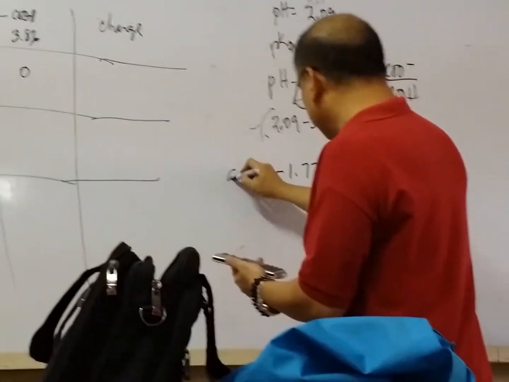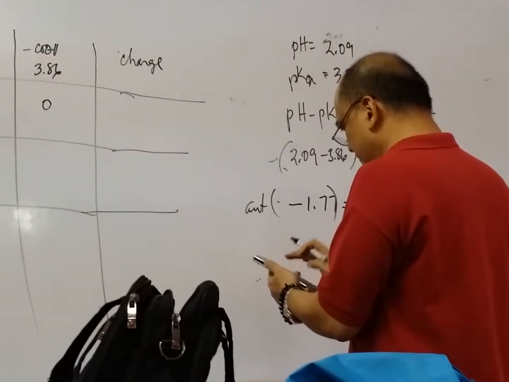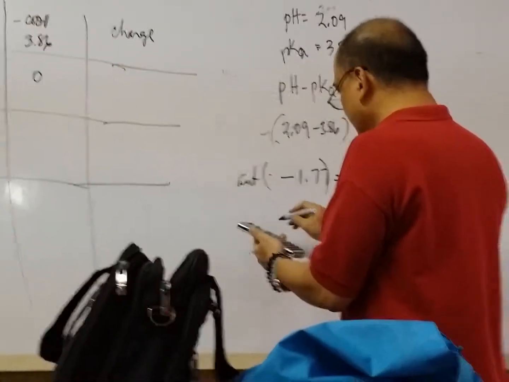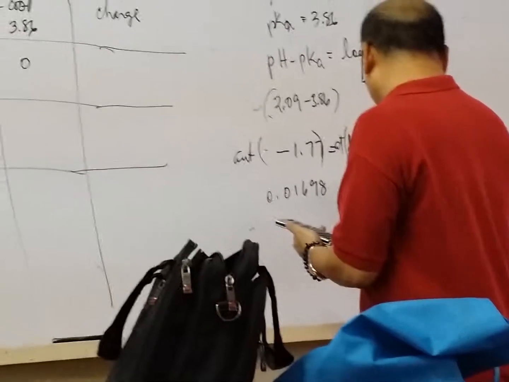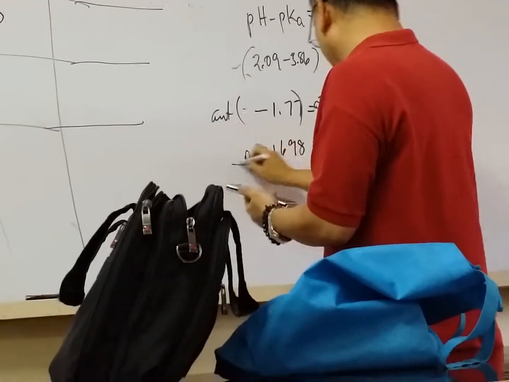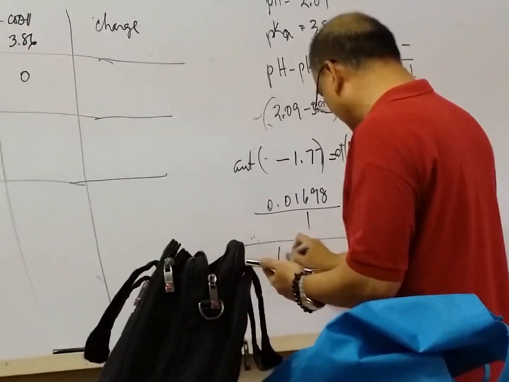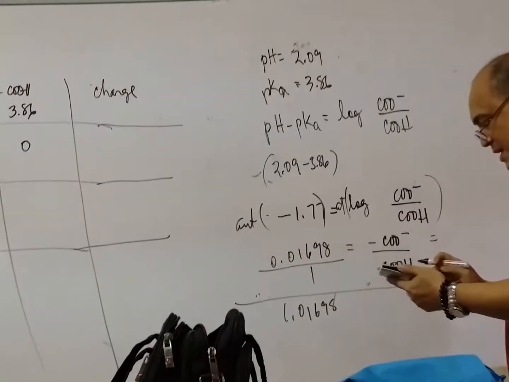Get the antilog of that, shift log, equals 0.01698 equals COO minus over COOH. Pag nilagay mo yung 1 doon, that is 1.01698.